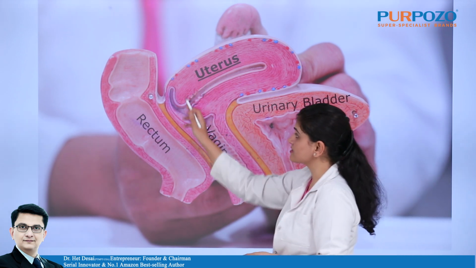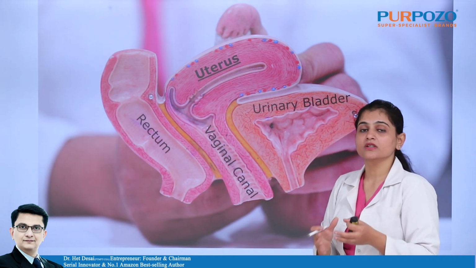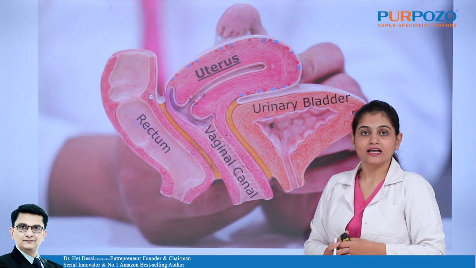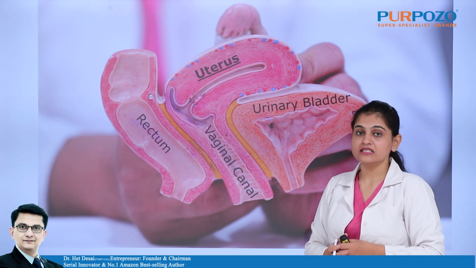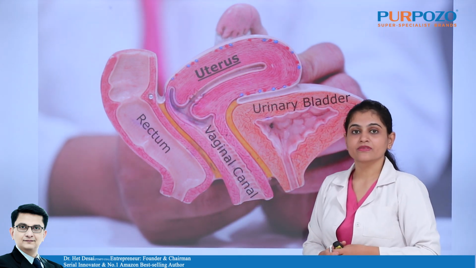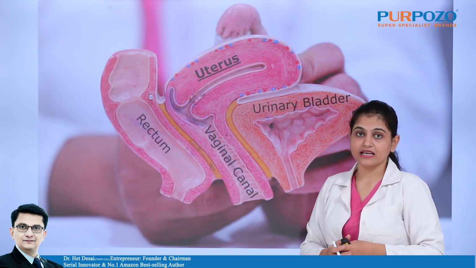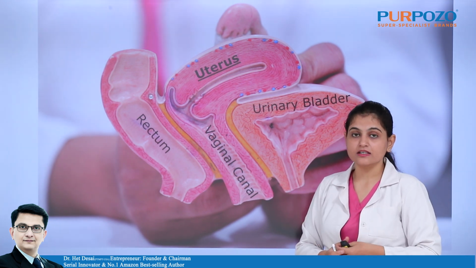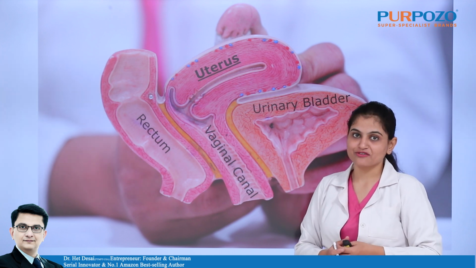Cervical cancers are a very common cause of death in females, and cervical cancers are preventable. To know more about cervical cancers and HPV vaccines, you may contact your gynecologist and take advice from them.